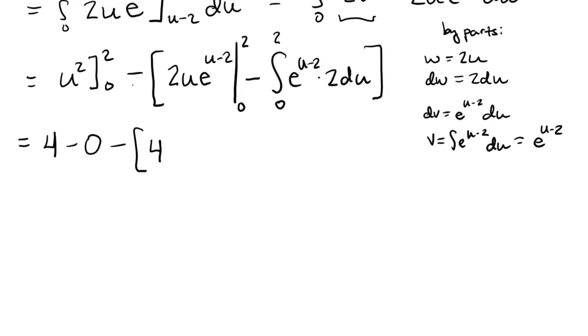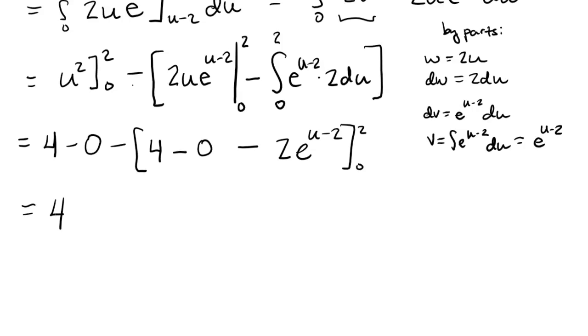So just a 4 there. And then we'll subtract off, plugging in 0, which 2 times 0 is 0. So that will evaluate to a 0. And then we have minus. Again, that e to the u minus 2 when we integrate is going to stay the same, so we'll keep the 2 as well. So 2 e to the u minus 2 evaluated from 0 to 2.